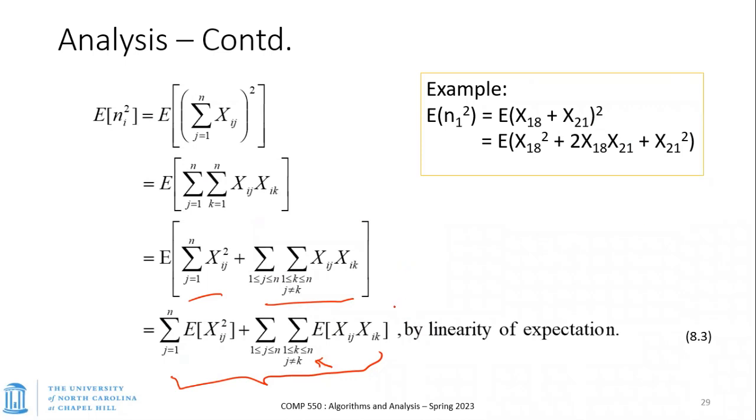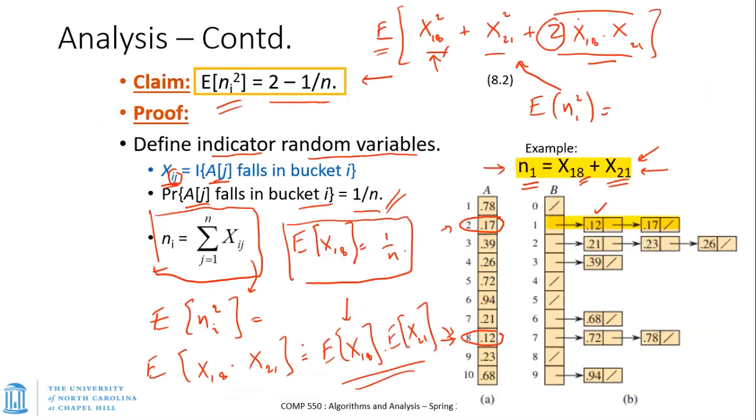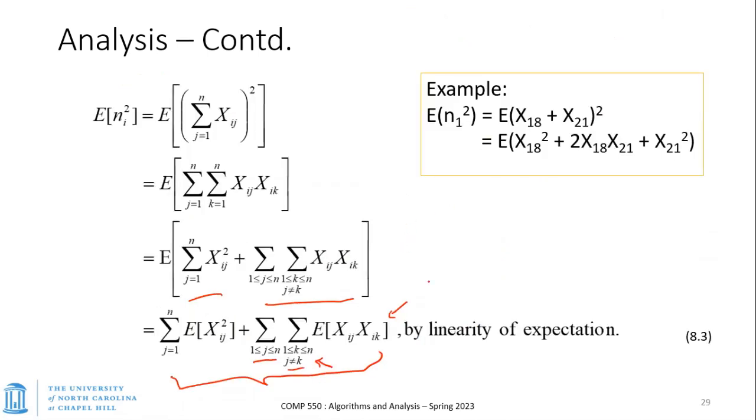You can see that this is essentially the same as the previous equation, because there are some duplicates over here. j is going from 1 to n, k is also going from 1 to n, and j is not equal to k, which is essentially saying x18 times x21, and these two numbers can't be the same because that's already taken care of over here. So this is the expression that we already had.